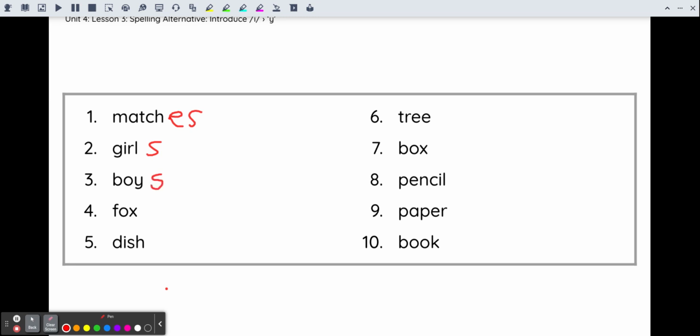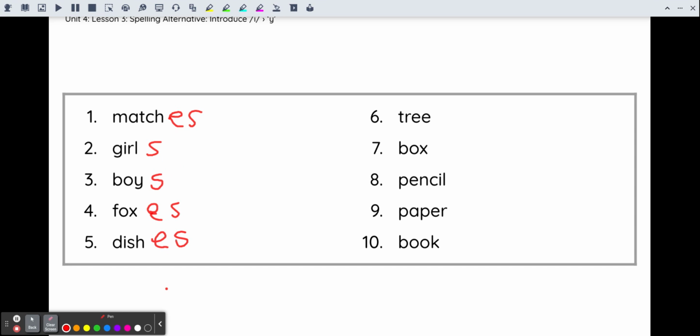One fox, two foxes. How do I change fox to its plural form? If you said add ES, you are correct. One dish, two dishes. How do I change dish to its plural form? If you said add ES, you are correct.